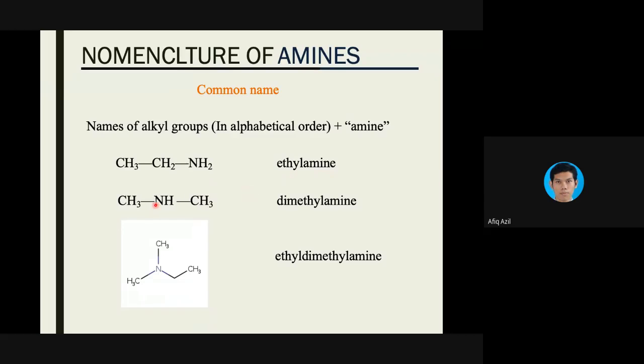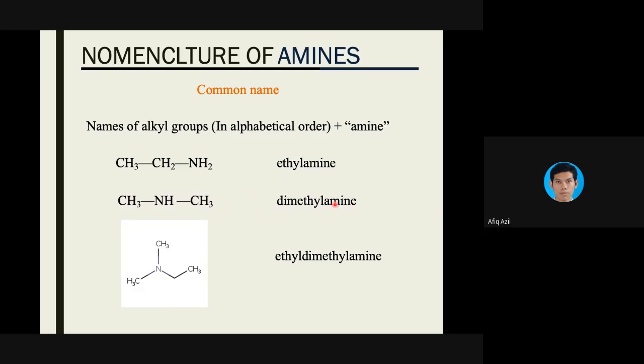While this one, this is primary amine, this is secondary amine, you have NH, while there is two carbon, CH3 on both sides. So the name is still with amine, but there is two CH3 group or methyl group. So it will be written as dimethylamine.